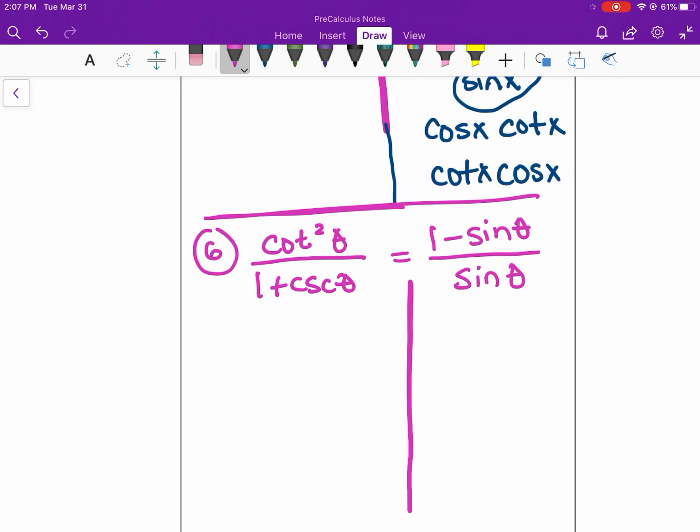I see this side as cotangent squared theta, and I believe that identity goes cotangent squared theta plus 1 equals cosecant squared theta. So what if I took out cotangent squared theta and I put in cosecant squared theta minus 1?